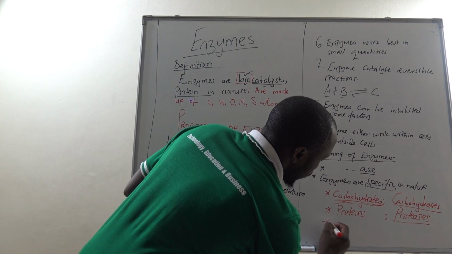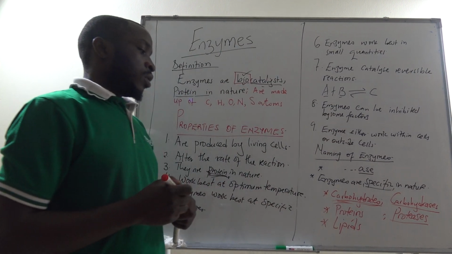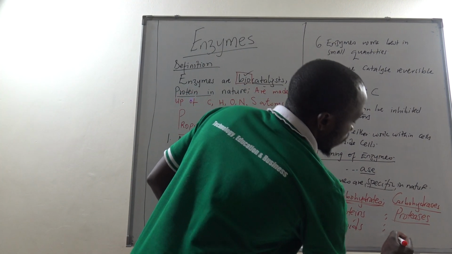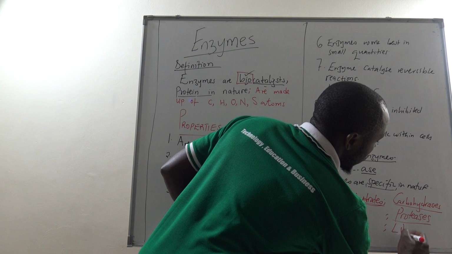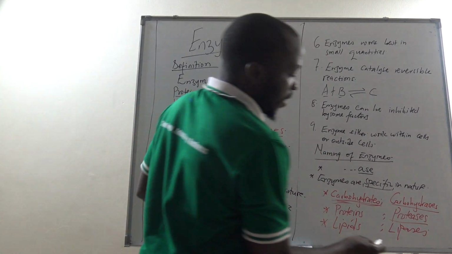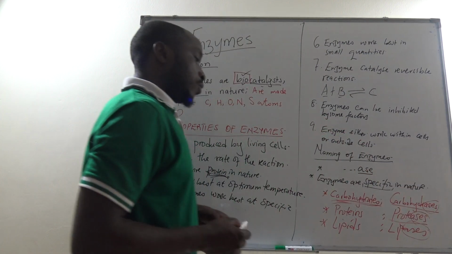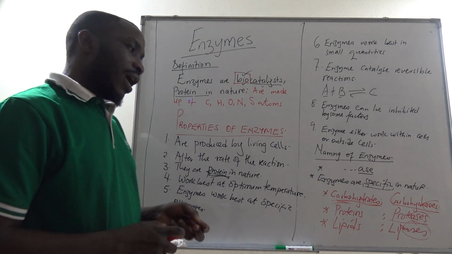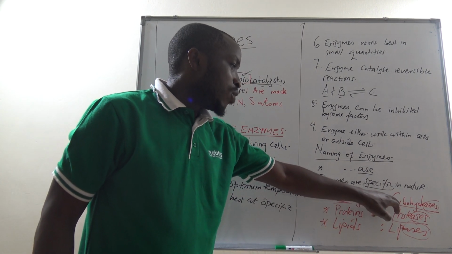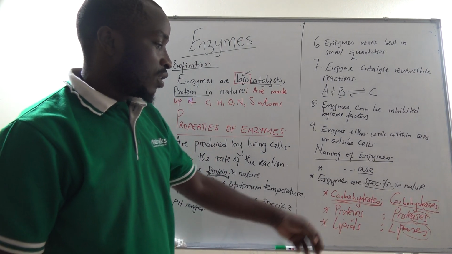Then we have lipids. Enzymes that work on lipids as organic substances, we shall just call them lipases. So when you find this suffix on a word, and you know what the prefix means, that this one is carbohydrate, that might be an enzyme that works on carbohydrates.